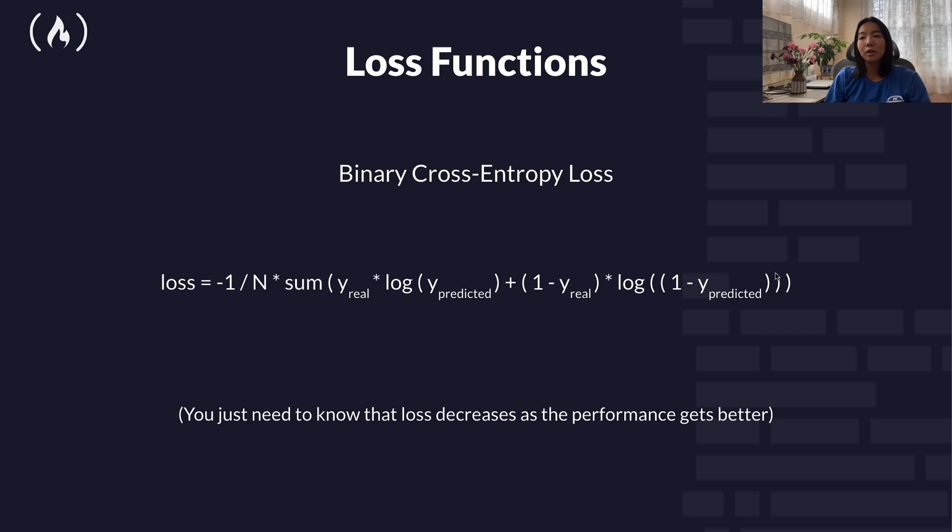Now there's also something called binary cross entropy loss. It looks something like this, and this is for binary classification. This might be the loss that we use. I'm not going to go through it too much, but you just need to know that loss decreases as the performance gets better.